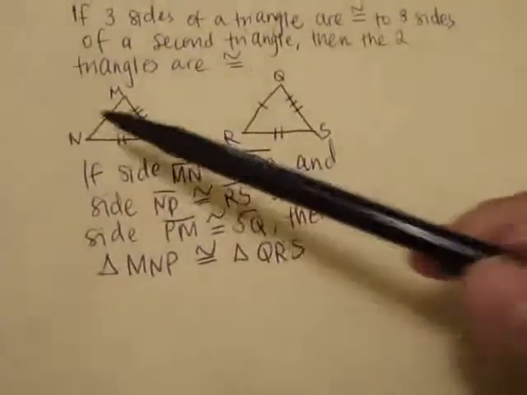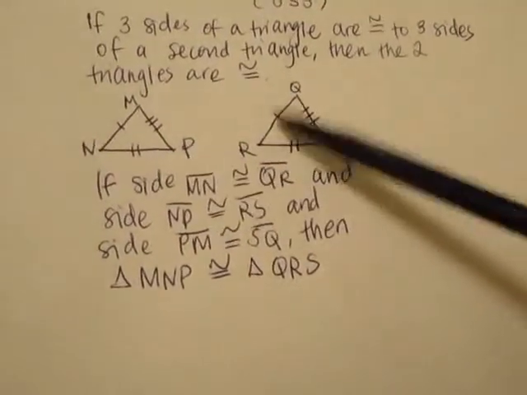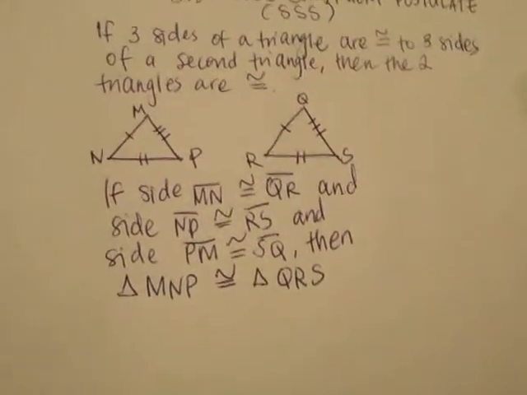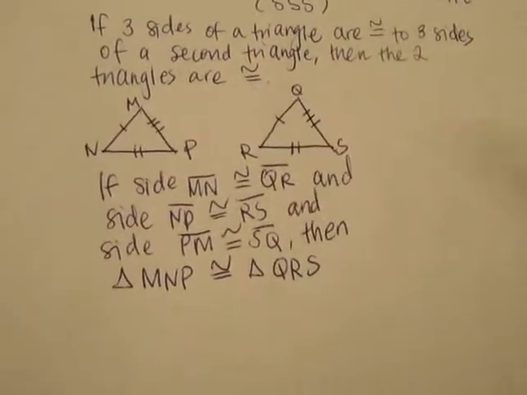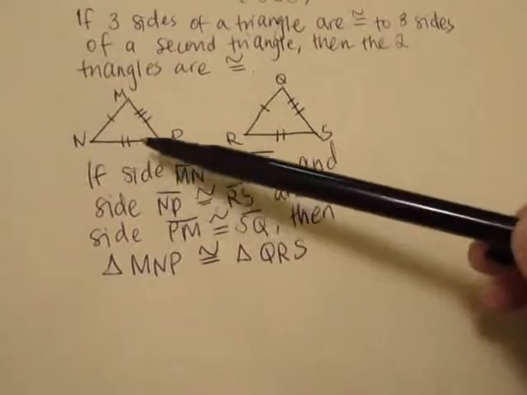Just knowing that these three sides are congruent to each other is enough information to prove that these two triangles are congruent to each other.